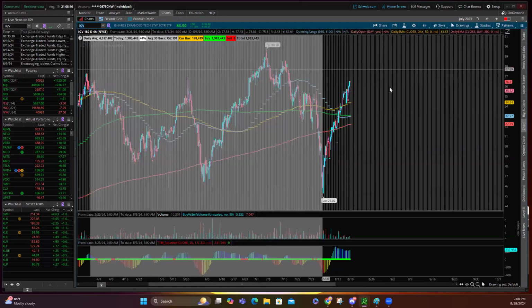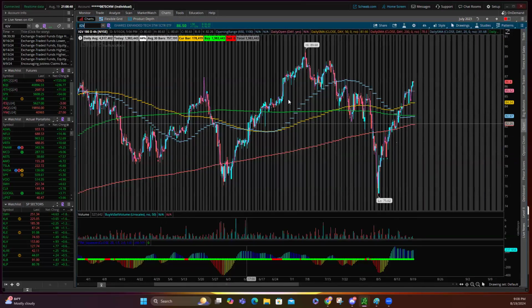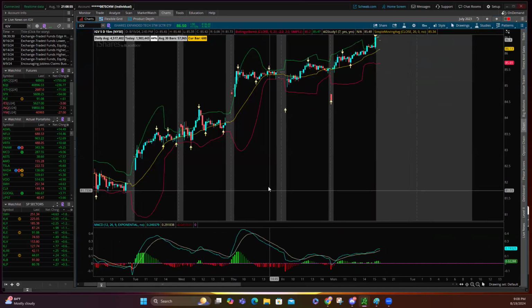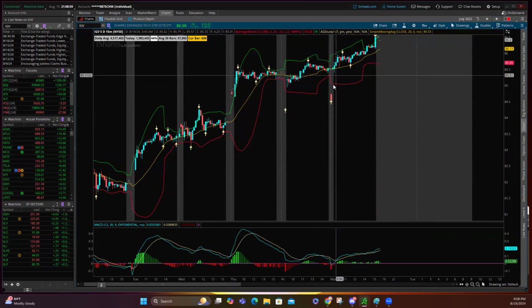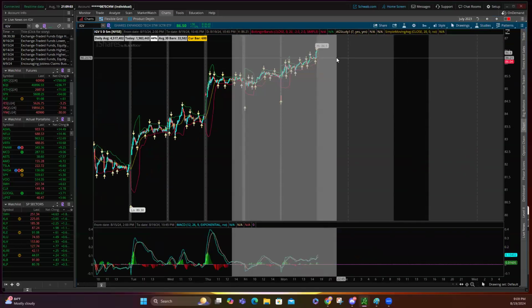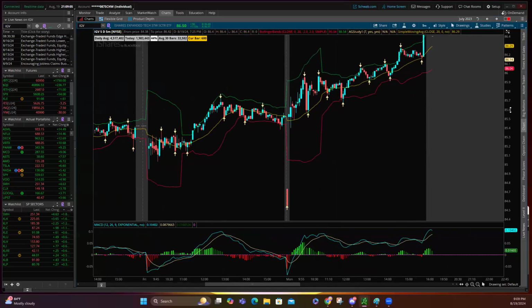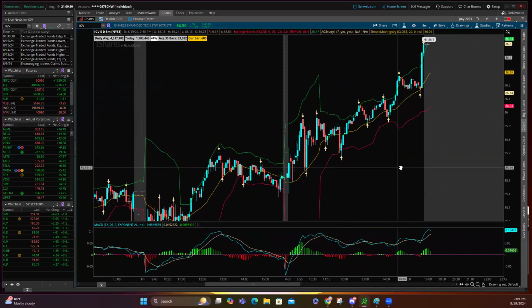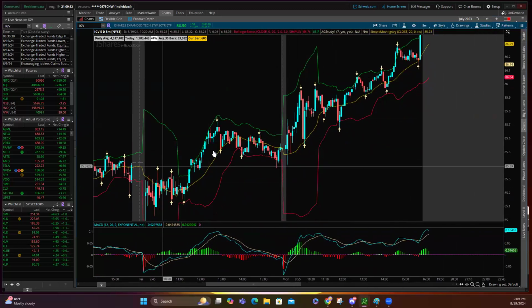IGV. Beautiful hold here. And then if you go to the Bollinger bands, a little bit of lag there on that gap. And then if we go to the 5 minutes, let me grab a little more of this space here. Not a lot of volatility. The volatility happened here, but you see it didn't move that much.